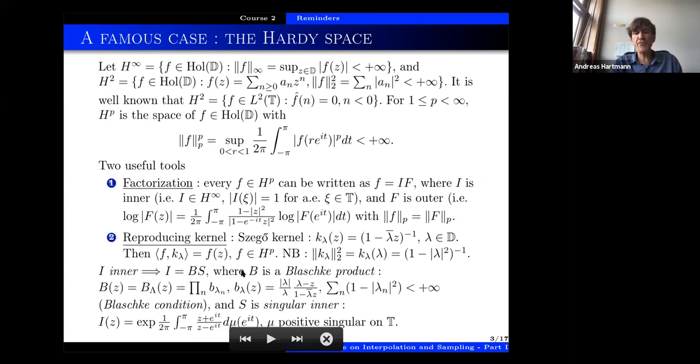Okay, and it's possible to check that a singular function also has boundary values of modulus 1 almost everywhere on the circle. Okay, these are just some little reminders on Hardy spaces.